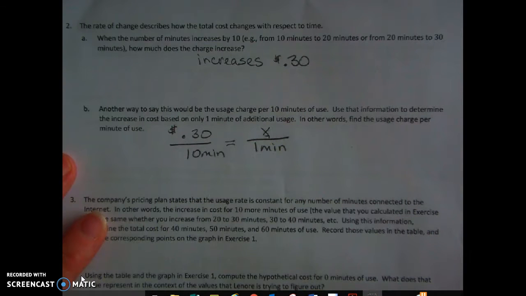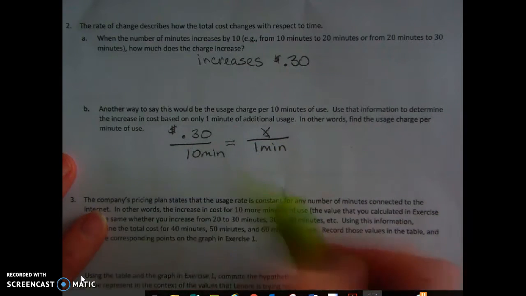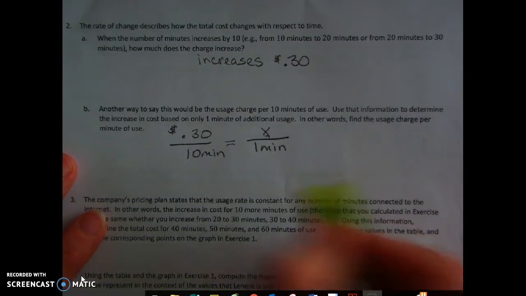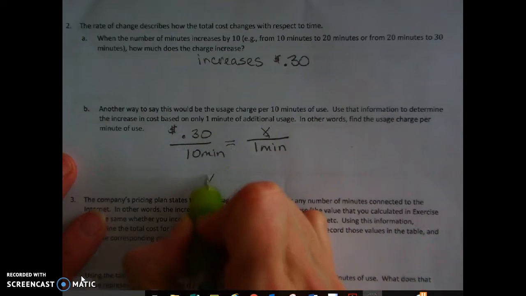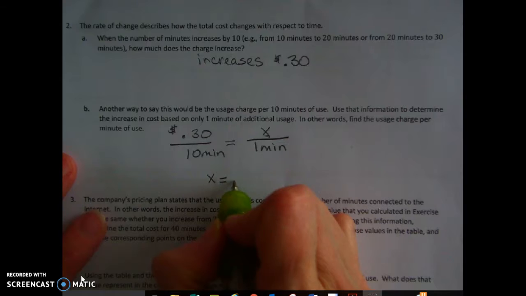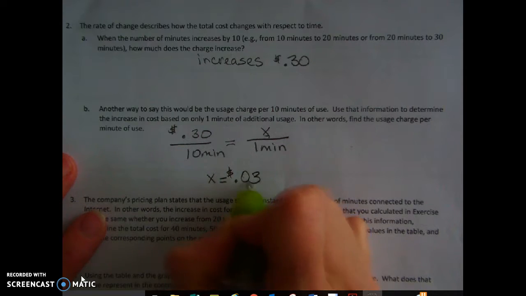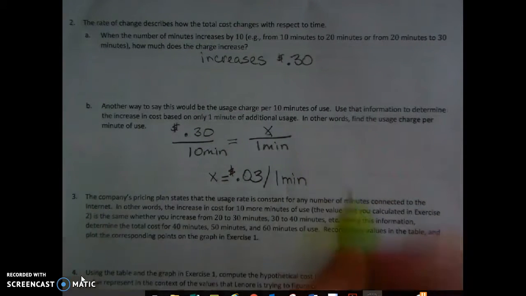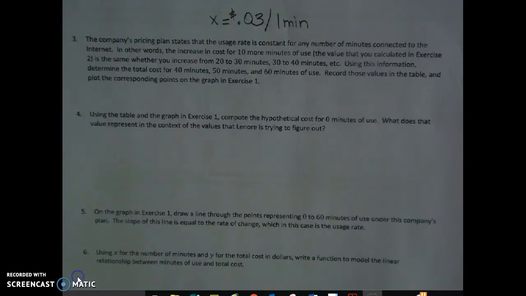So one way to do this is to set up a proportion and cross multiply. You could also simply just divide and it would tell you the cost for 1 minute. Whether you cross multiply or divide, whichever method you do, you would get 3 cents for 1 minute. So 3 cents for 1 minute of usage time.